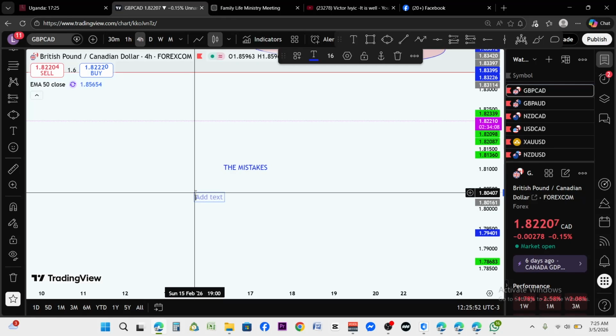What they want is just to come and trade and make money. And that is not good. You will lose much of your money. Levels give you location, and direction of the market gives you confidence.